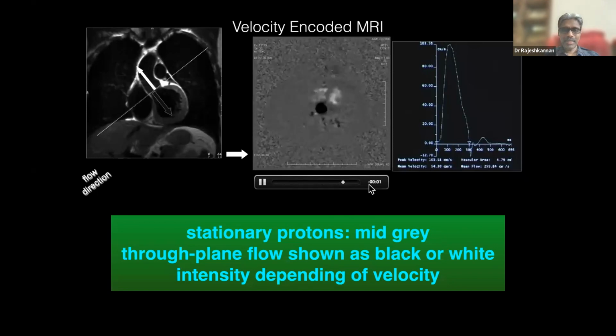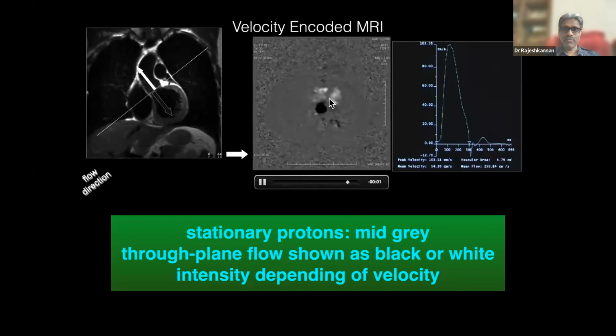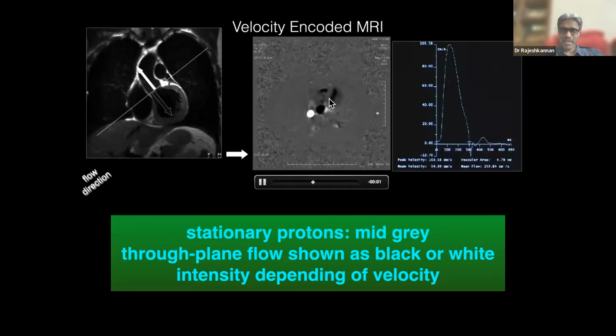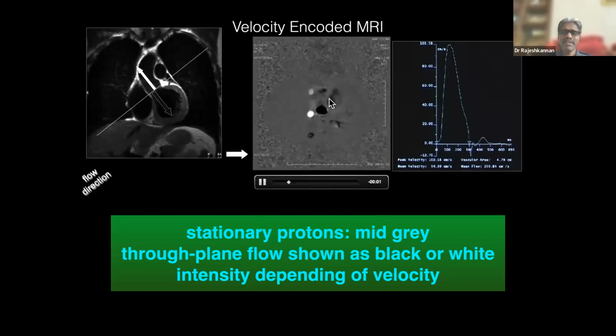So that is the important concept you have to understand. And one more thing you also have to know is that the flow depends on the velocity encoding, which we have to set beforehand, so that any velocity occurring outside the set velocity may not be represented correctly.